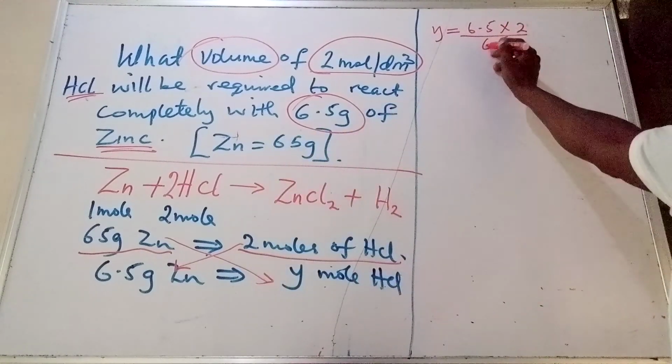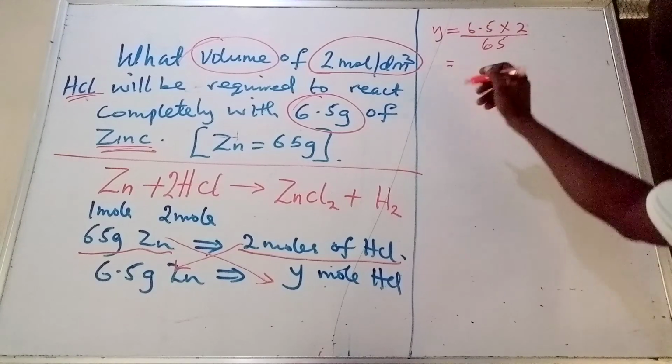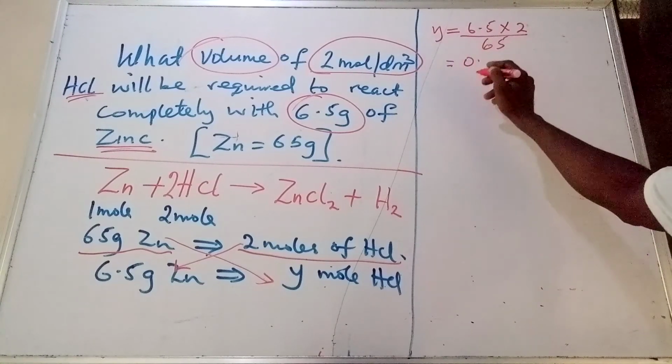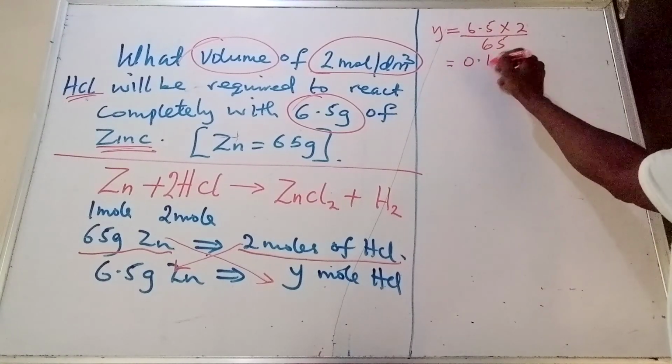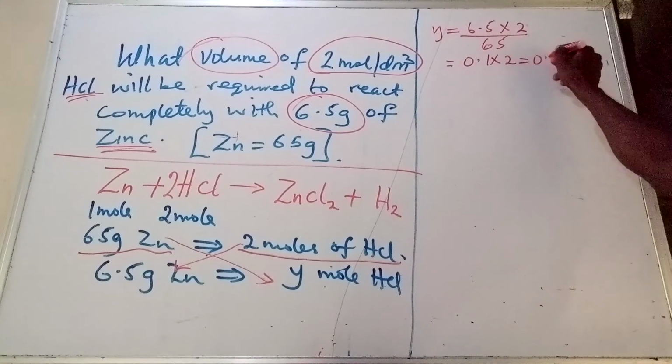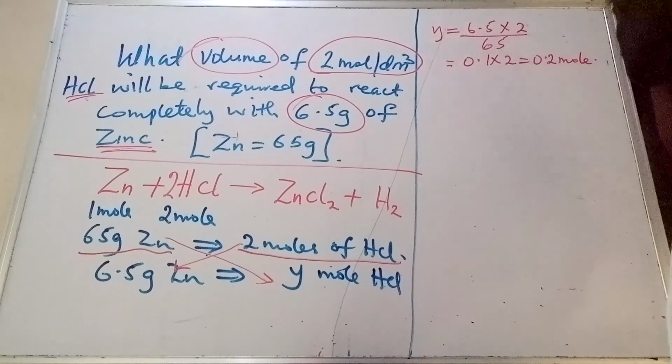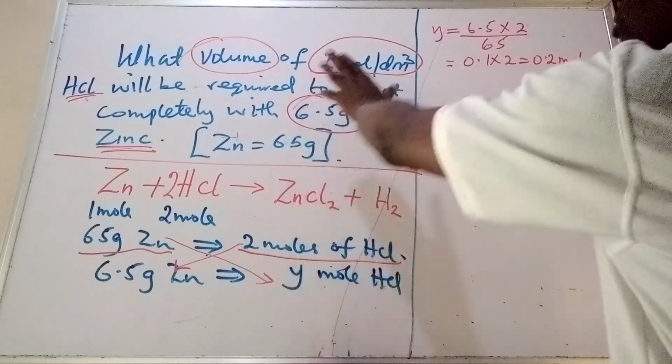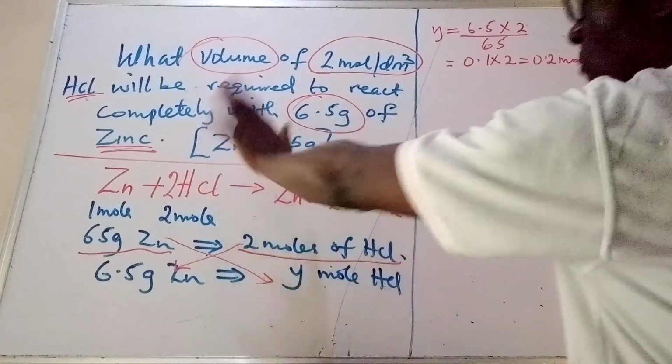This mathematics now. And what would that give us? That would be 0.1 times 2, which is 0.2 what? Mole. Yeah. 0.2 mole. That means 0.2 mole of HCl will react with 6.5 grams of what? Zinc.